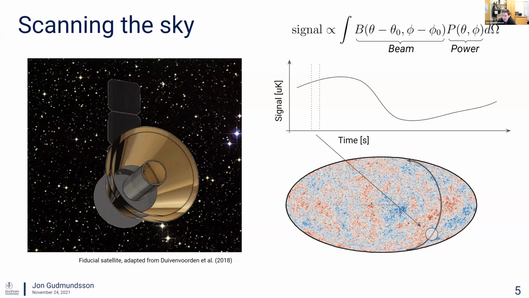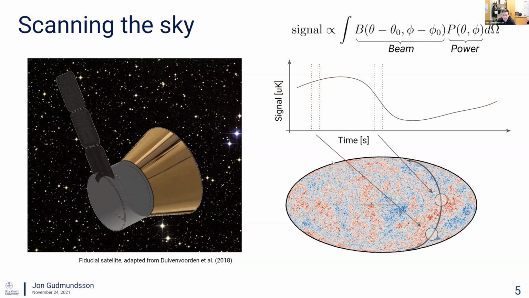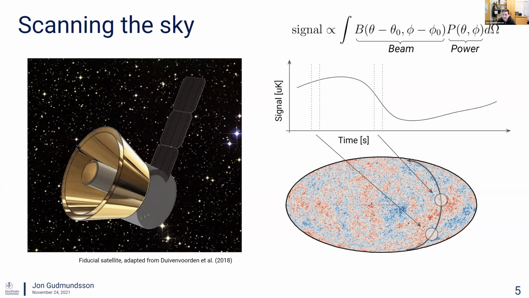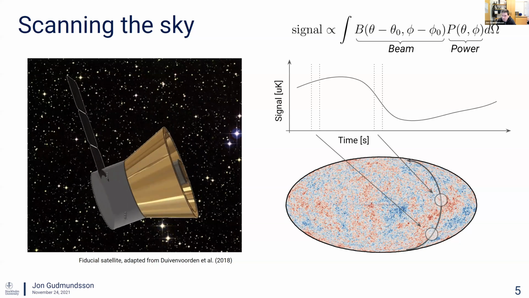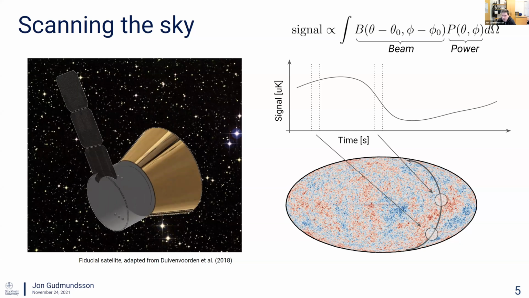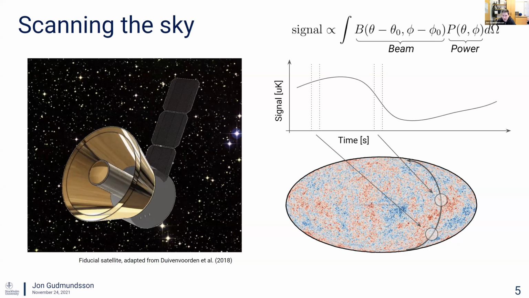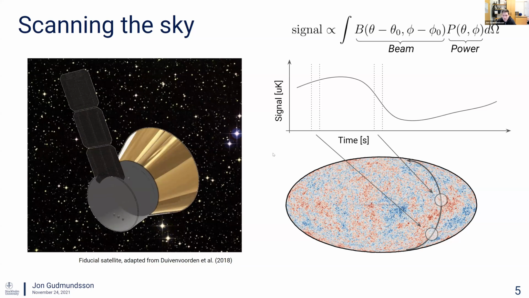And at every point in time, we are in fact doing a convolution. But as you know, a convolution is a relatively costly operation, and so in order to simplify and make this computationally tractable, we use the trick that convolution in real space is a multiplication in Fourier space.